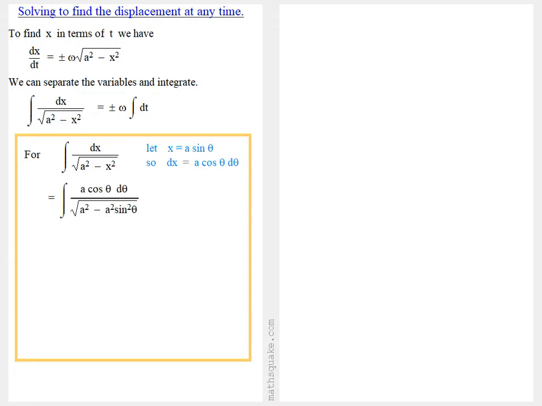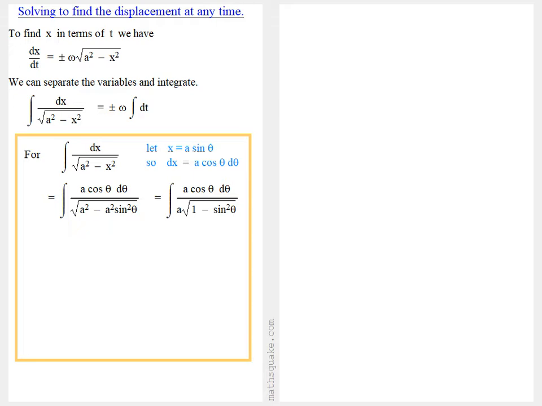Now, if we substitute that into the equation, we have the integral of, on the top, a cos theta d theta, on the bottom the square root of a squared minus a squared sine squared theta. Now on the bottom we can factorise out the a squareds and take them outside the square root sign. So that gives us a into the root of 1 minus sine squared theta.